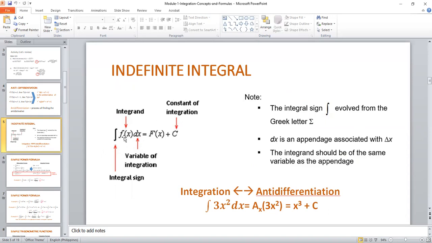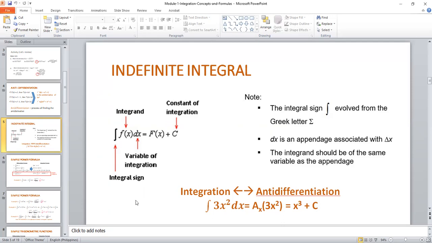Now, we say that this f of x plus c is the antiderivative of this integrand that you see here. So meaning, later on, when you process the integral of a given expression and you have already the answer, you can check your answer actually. How? You differentiate your answer. If the derivative of your answer is the given function here, we call the integrand, then the process of anti-differentiation, we call integration, is correct.